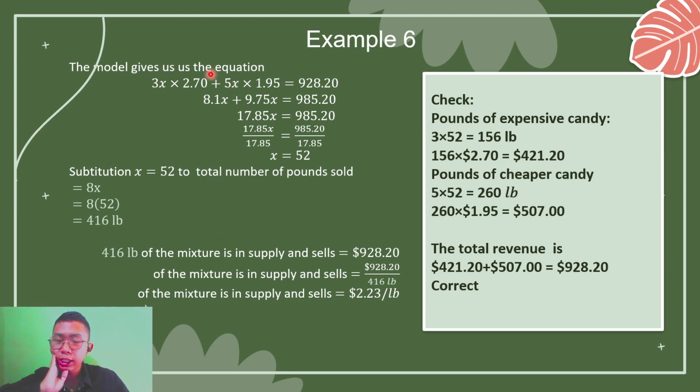So 3x times 2.70 plus 5x times 1.95 is equal to 928.20.